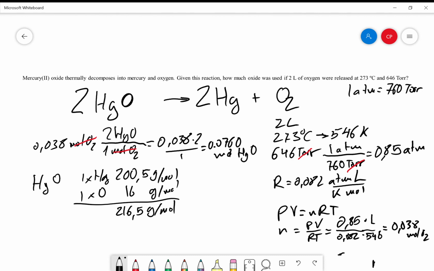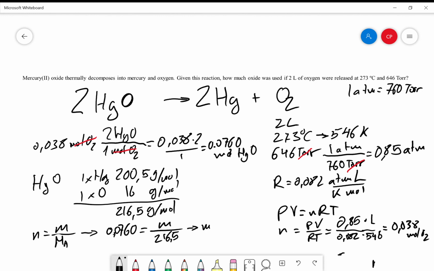If we know that the number of moles is equal to the mass divided by the molecular mass, then we have that 0.076 is equal to the mass divided by 216.5.